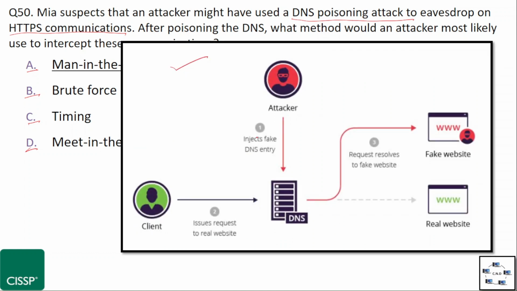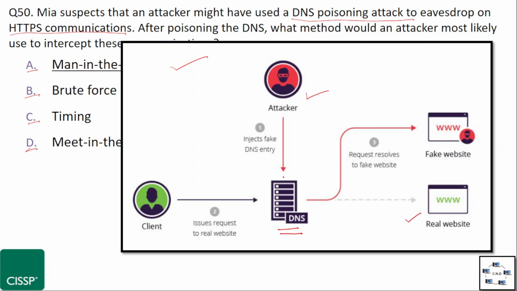So this is how a DNS poisoning attack occurs. Let's suppose this is a DNS server and this is an attacker. The attacker basically infects a DNS entry. Let's suppose this is a real website.